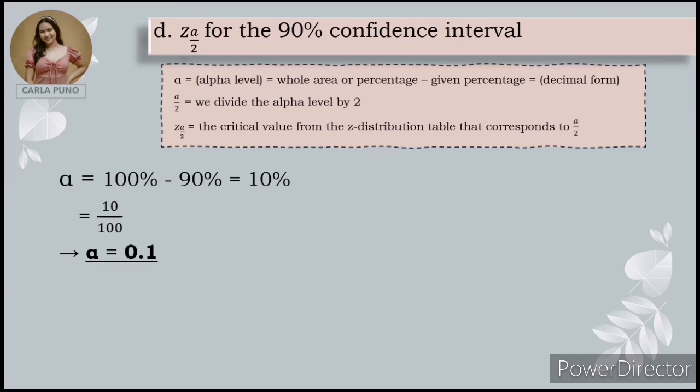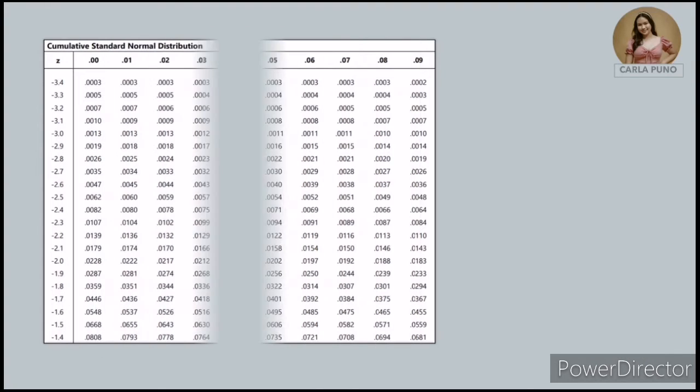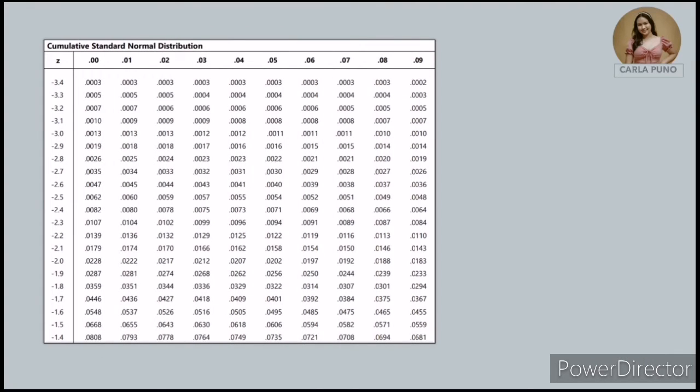Now we have alpha equals 0.1. And we divide it again by 2. Therefore, we have alpha divided by 2 equals 0.05. And for our 0.05, we are going to look for its closest value on the z table. Remember, we are looking for the closest value of 0.05.